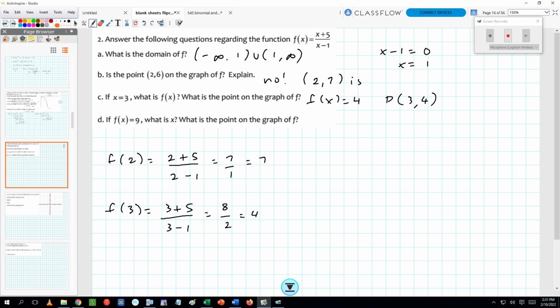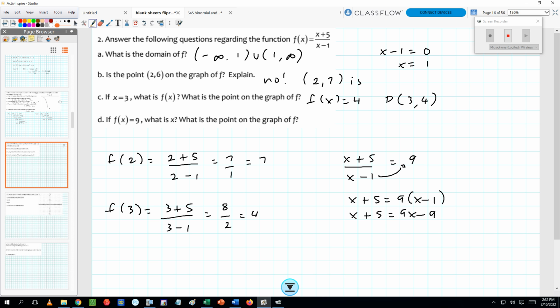If f of x is 9, okay, here we have a nice equation. What is x? So we'll take our function and we will set that equal to 9. What I'm going to do is take this bottom part and cross multiply it over. You could go ahead and distribute that if you want to.